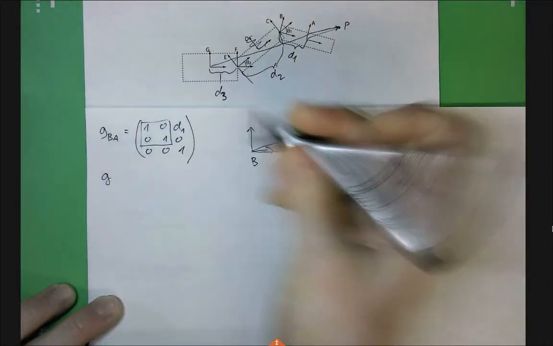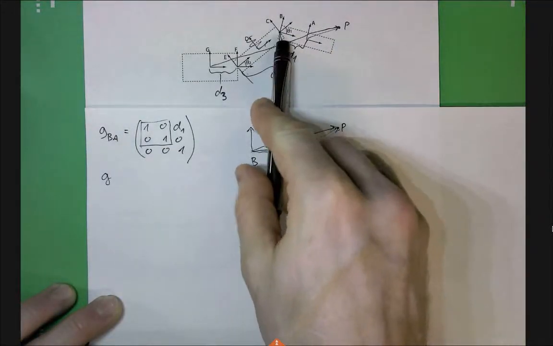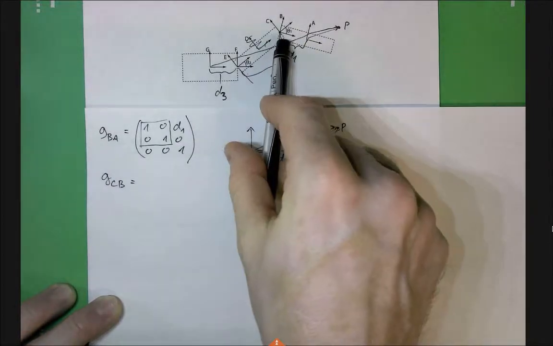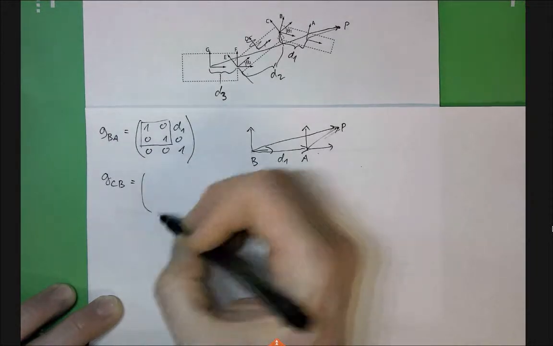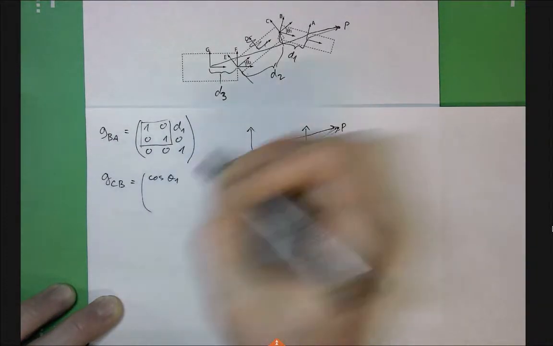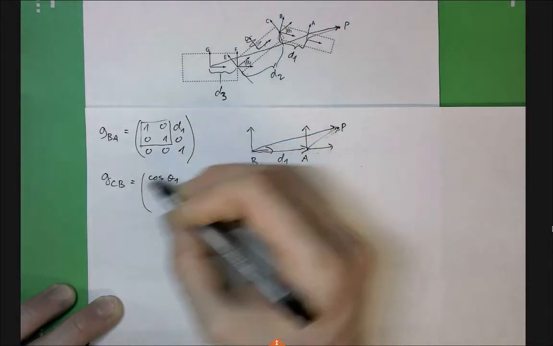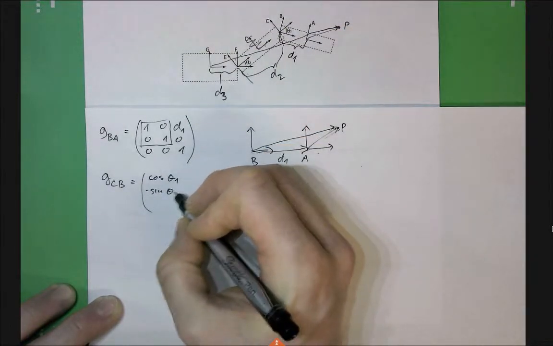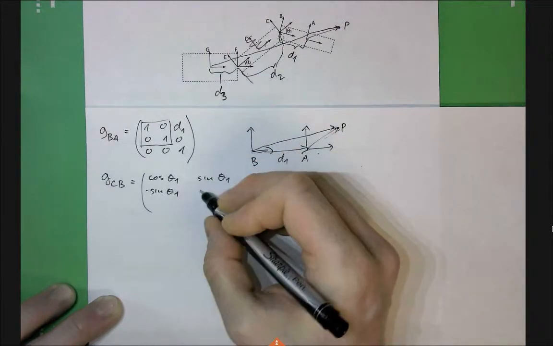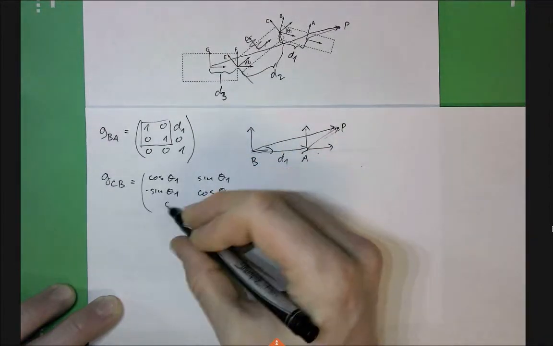Now I have to go from B to C. And that's a rotation by θ1. Here, one slight trick is that I actually have to rotate by minus θ1 because I'm doing a change of coordinates, which works backwards. I don't know if I need to repeat this.